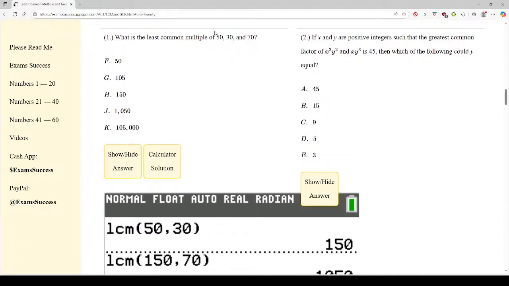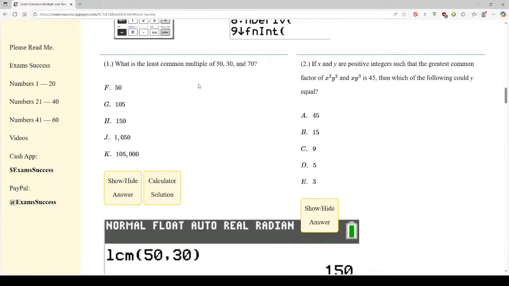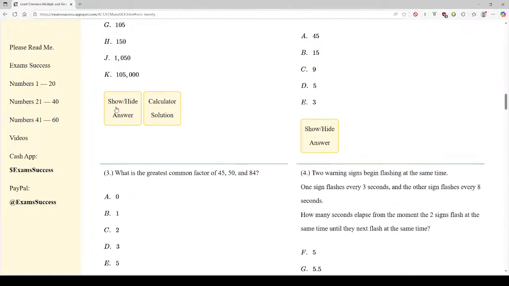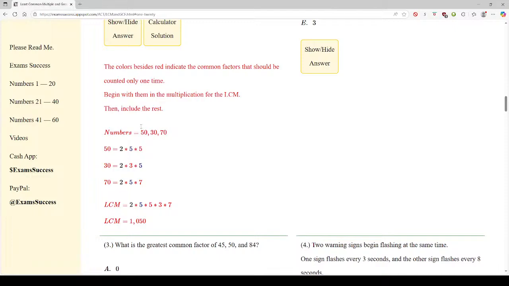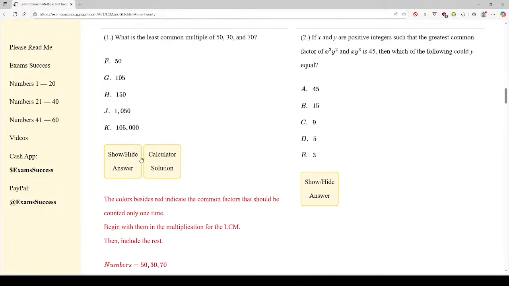But if you think that it will take you up to 1 minute to solve, finding the LCM of 50, 30, 70, and you're very quick with the calculator, you might want to just do it with the calculator. But let me start with doing it by hand, 50, 30, 70. I kind of explained it here, but let me show you also how to do it here.